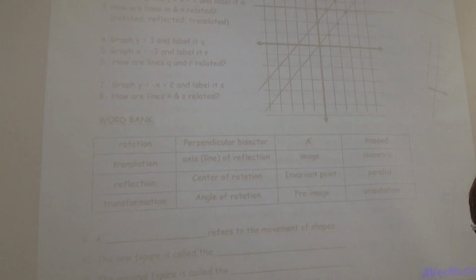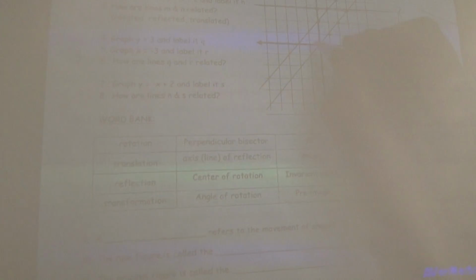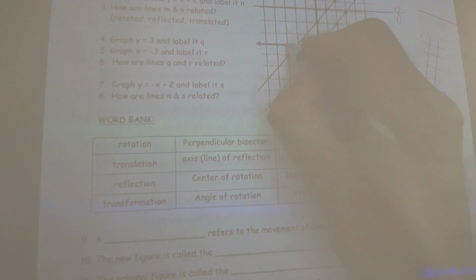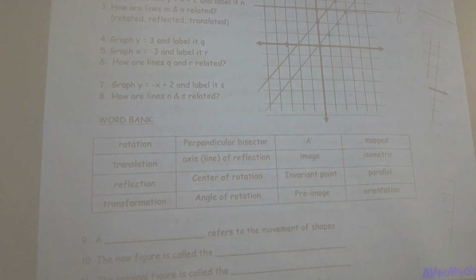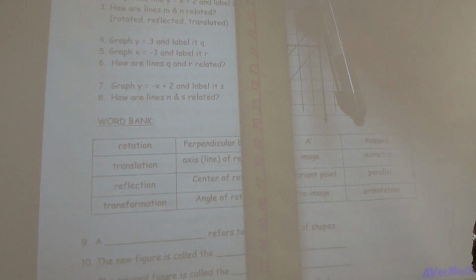So there we have y equals 3, or at least it's close to that. You're going to label that Q. And then you're going to look at x equals negative 3. And again, that we just talked about is a vertical line. So you're going to graph x equals negative 3.